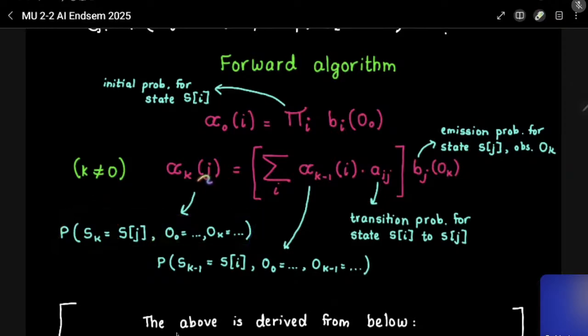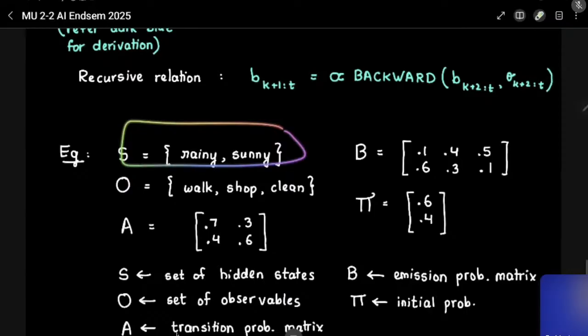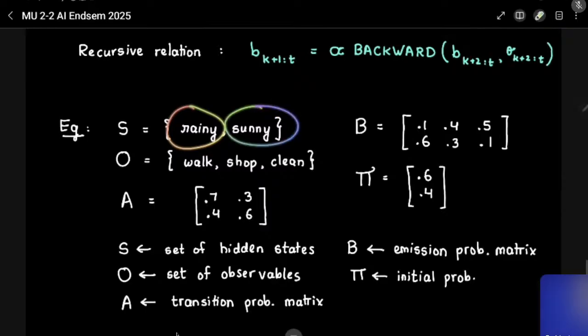That probability is represented by alpha kj. So k is the time, j is the index of the state in the state array, which state it is that we are talking about. So if j is 0, it is rainy. If j is 1, it is sunny.